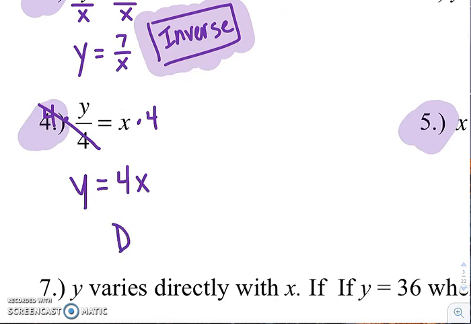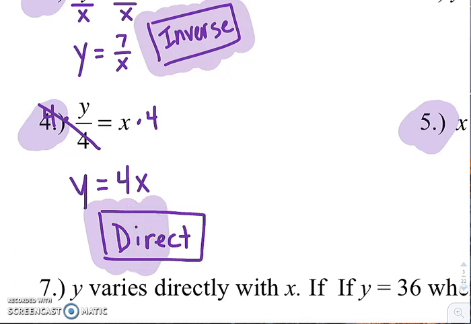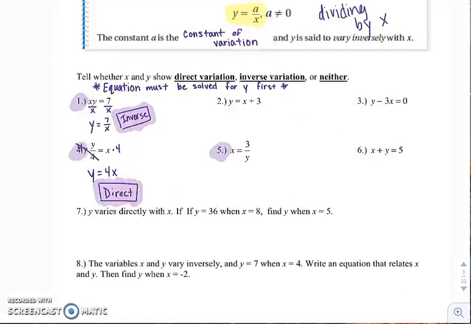So this would be a type of direct variation. So that's all you are doing, is solving for y and checking to see what type you have. So if you're adding or subtracting to your x value, you don't have either type. It has to be multiplied by x or divided by x.